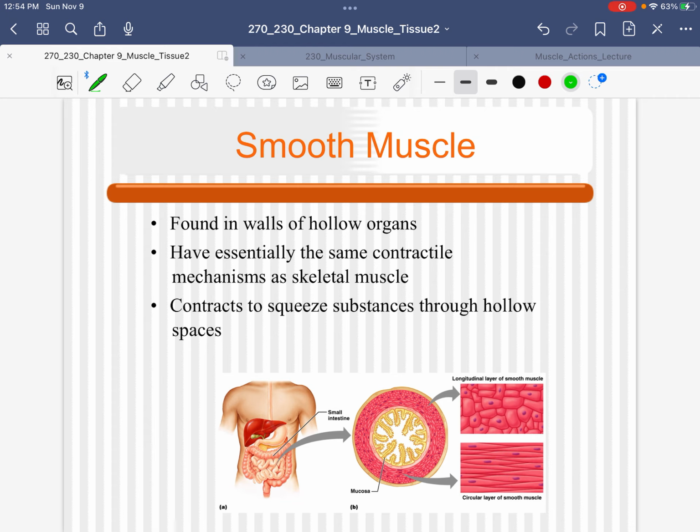Smooth muscle. Here's what I want to say about smooth muscle. It's not as similar in structure to skeletal muscle.